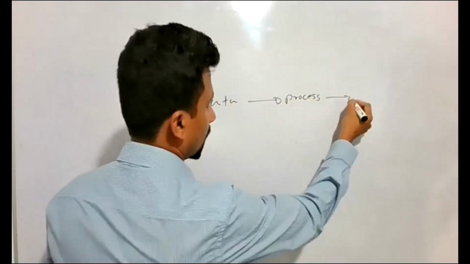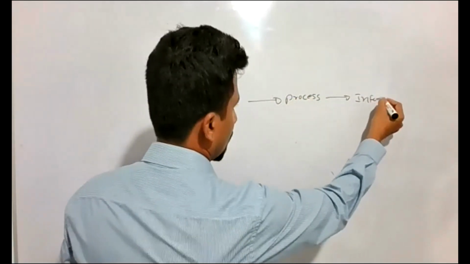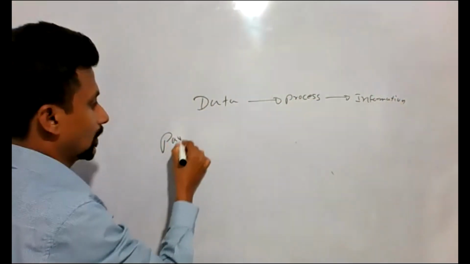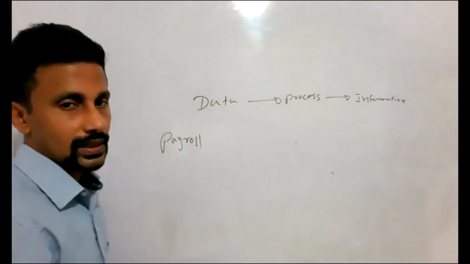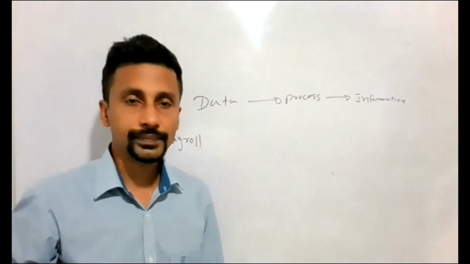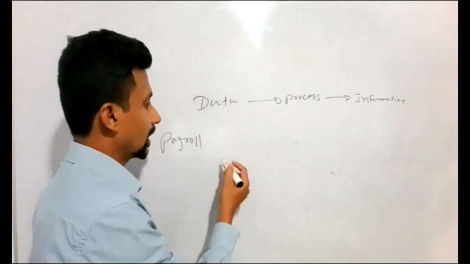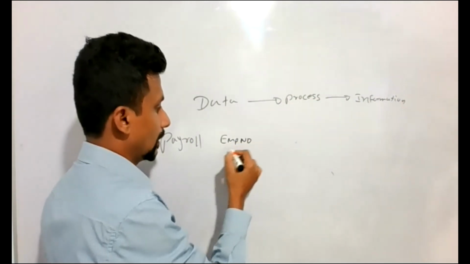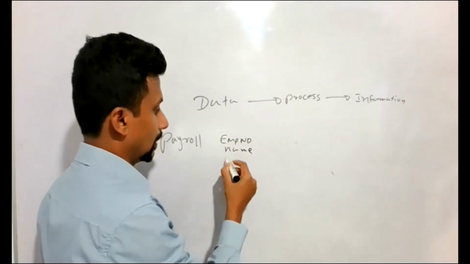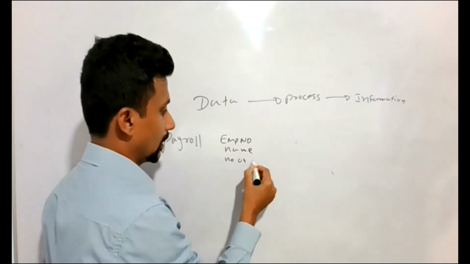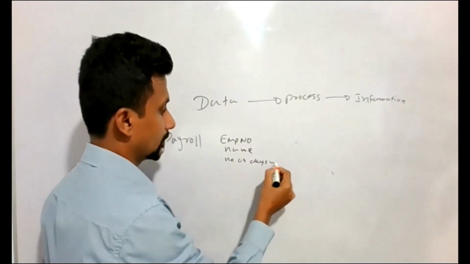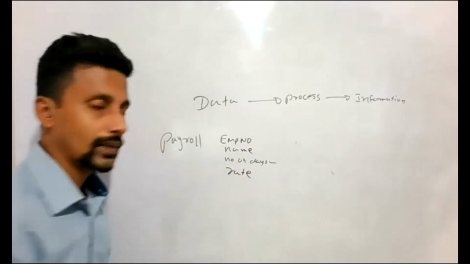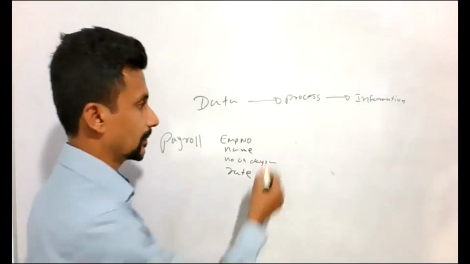As a small example, if you take a payroll system that calculates salary, the data we can take are employee number, name, number of days worked, and rate.